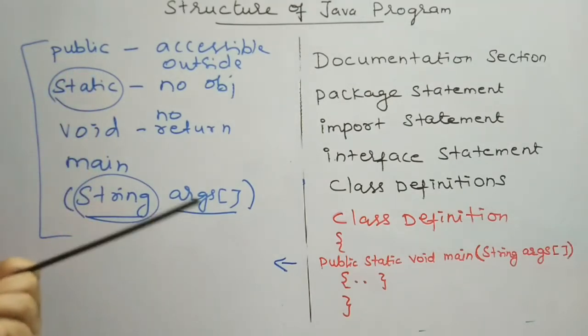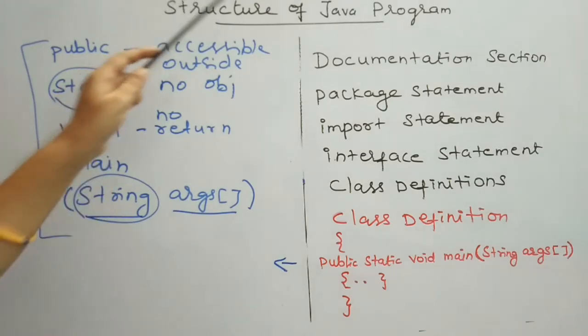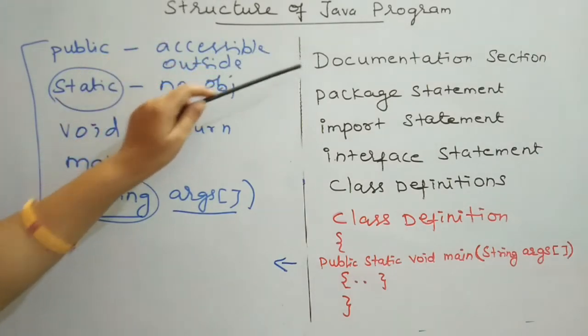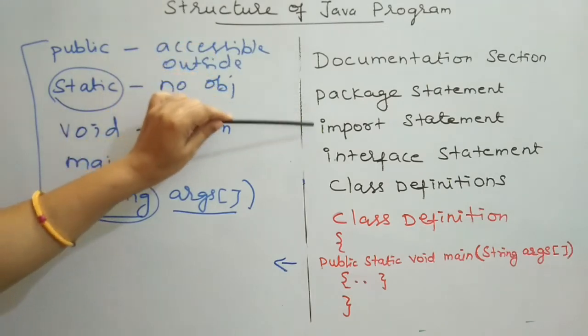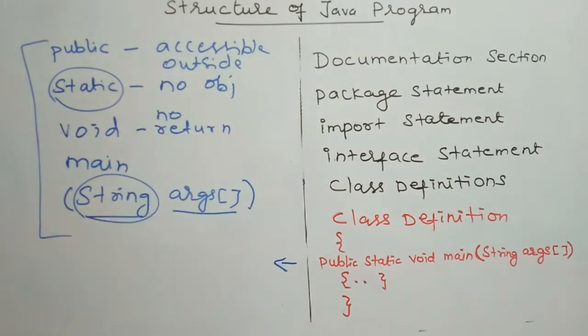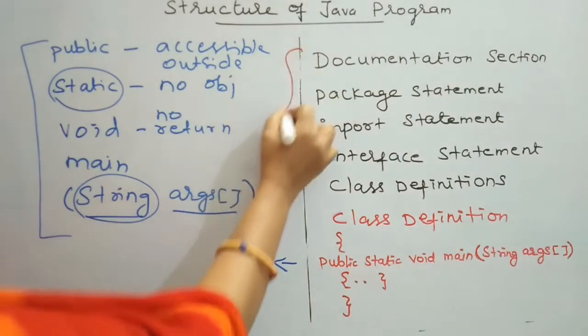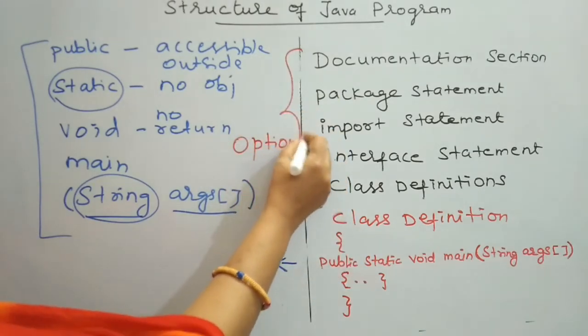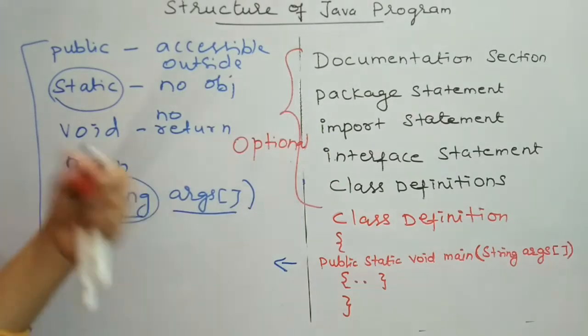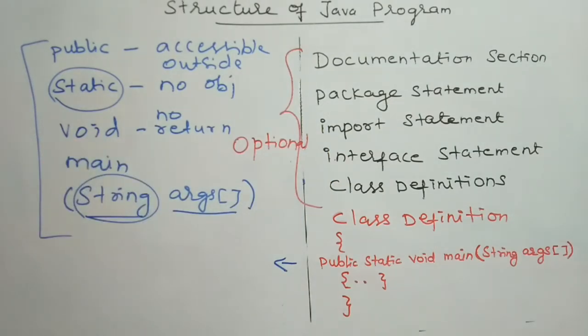Okay, let me consolidate. The structure of a Java program contains different types of elements: documentation section, package, import statement, interface statement, and class definition. Among these, some are optional. I may have these statements inside my Java program, or I may not have these statements.